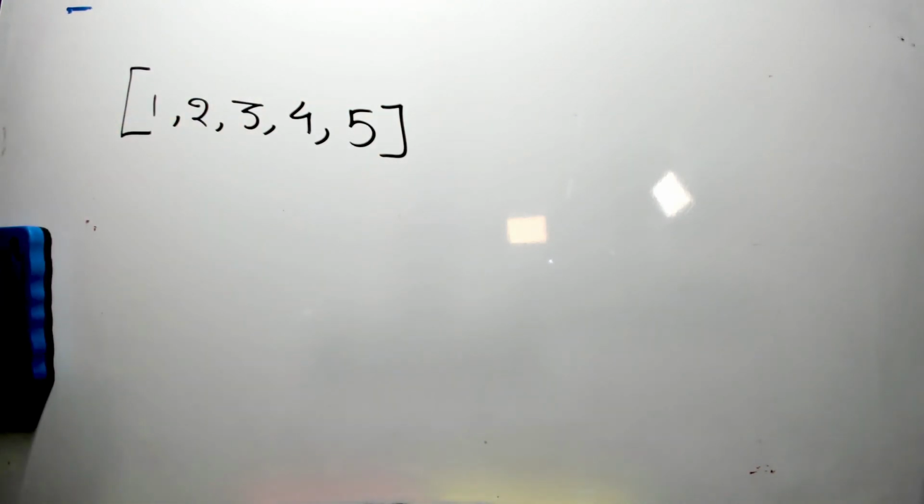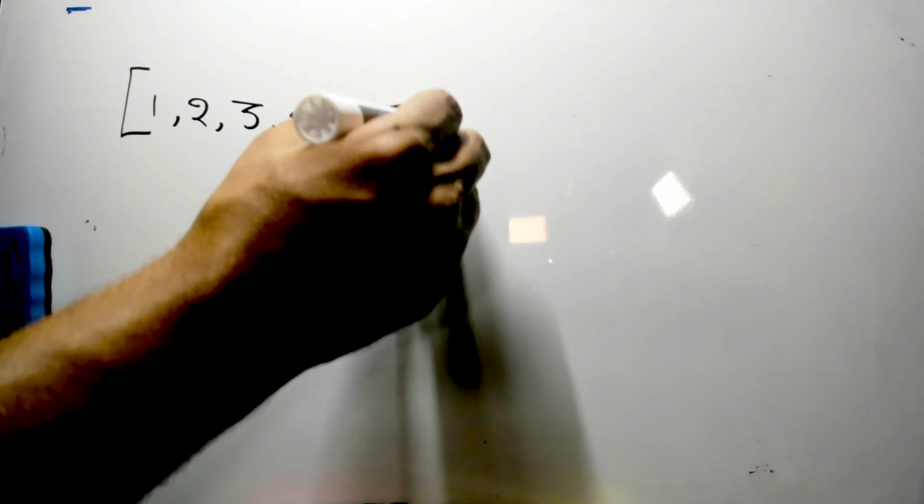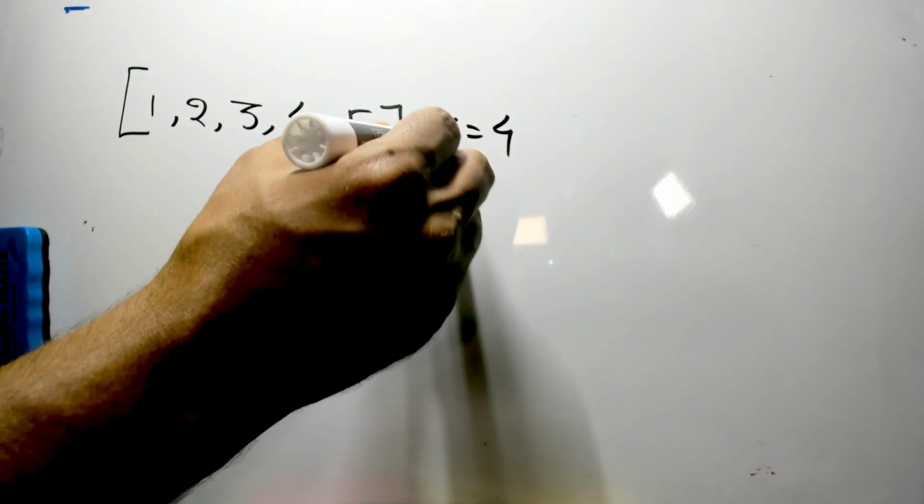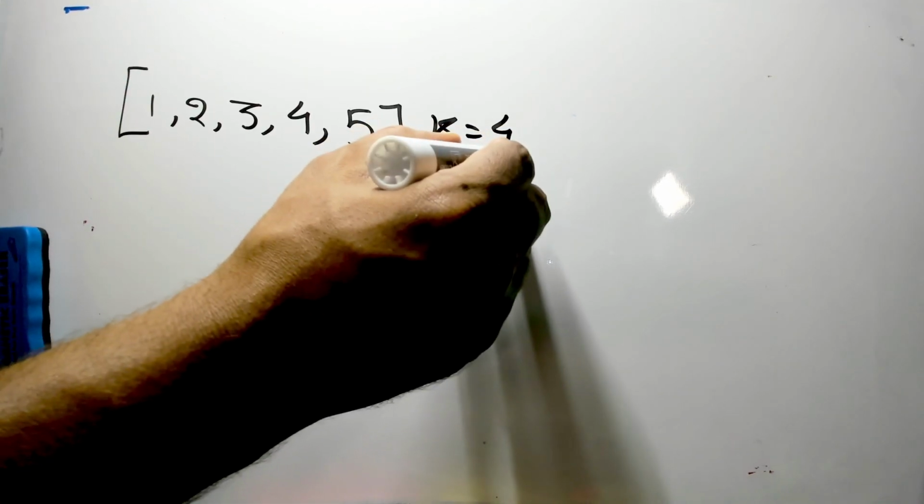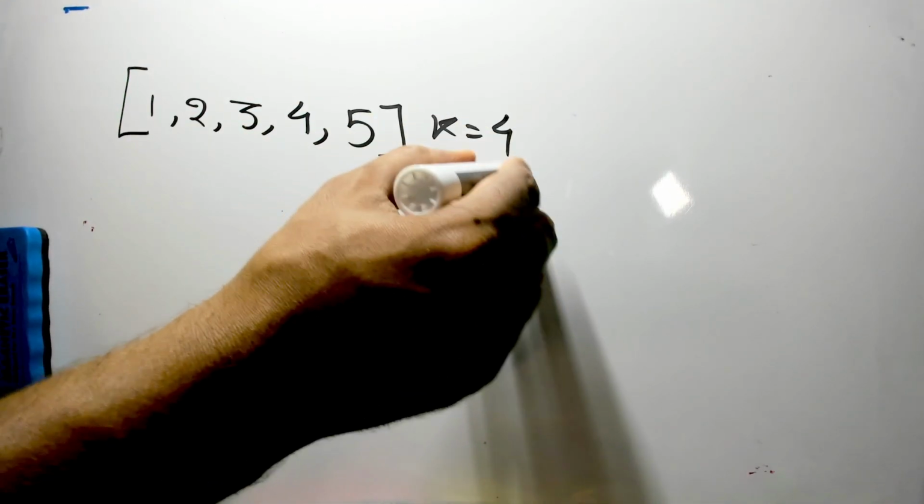So now consider example 1, where the input array is given as 1, 2, 3, 4, and 5. And our k is given as 4, and x is 3.